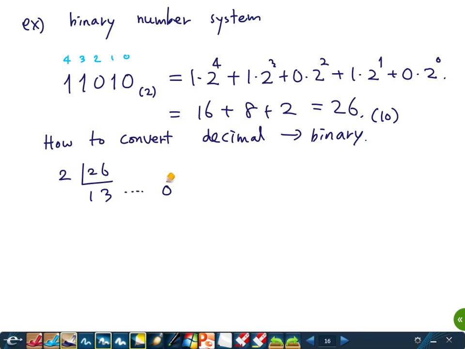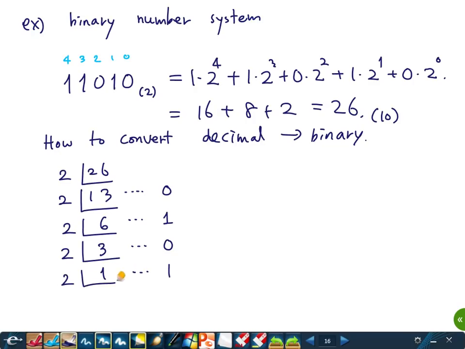The remainder is 0. This means I divide 26 by 2, and this is the quotient and this is the remainder. And I keep dividing this by 2. Now the quotient is 6 and the remainder is 1, and then 3 with remainder 0, and 1 with remainder 1. We do this until we get 0 for the quotient.